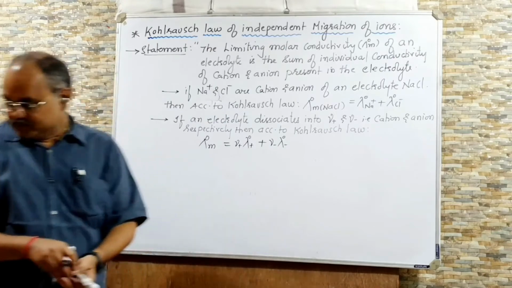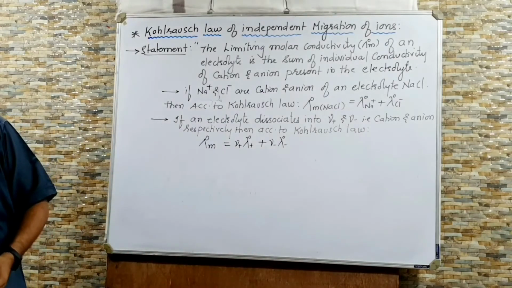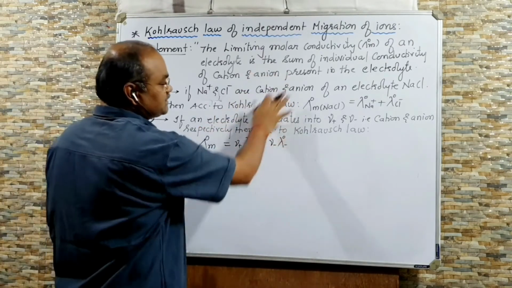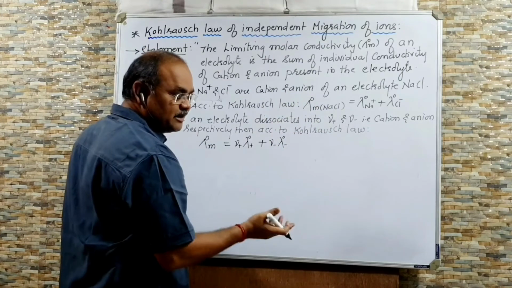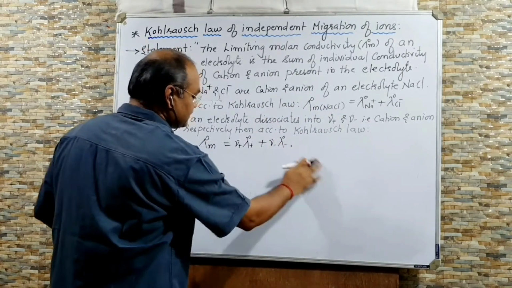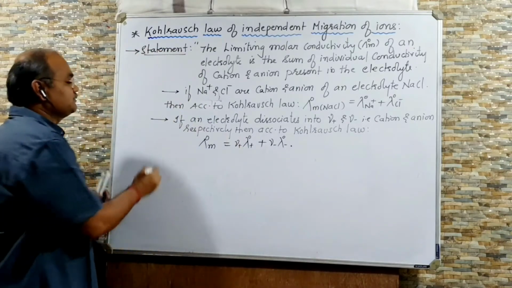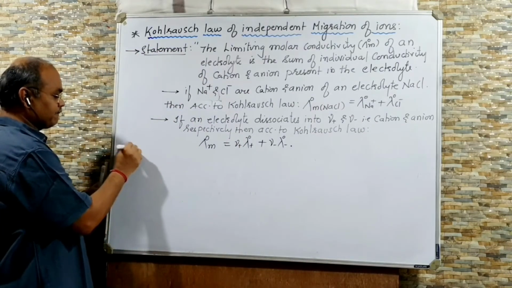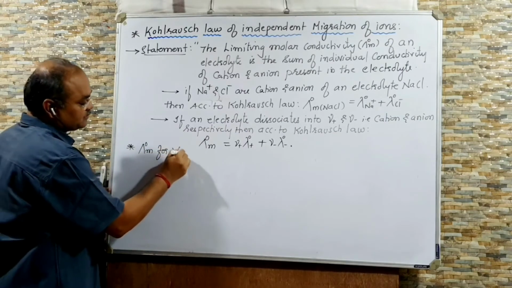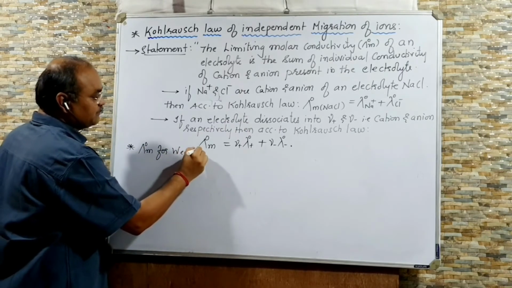Clear? Now using this concept we can find out the limiting molar conductivity of a weak electrolyte. So now we will study weak electrolyte, lambda 0 m for weak electrolyte.